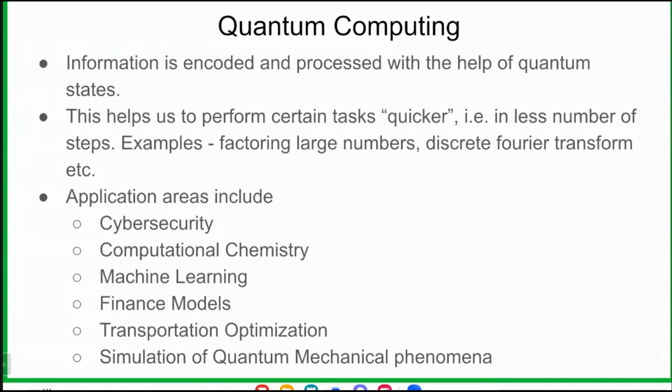Some of the applications are in cybersecurity. If you look at today's encryption systems, RSA encryption, for example, is based on the fact that classical computers today cannot efficiently factorize the product of two prime numbers.